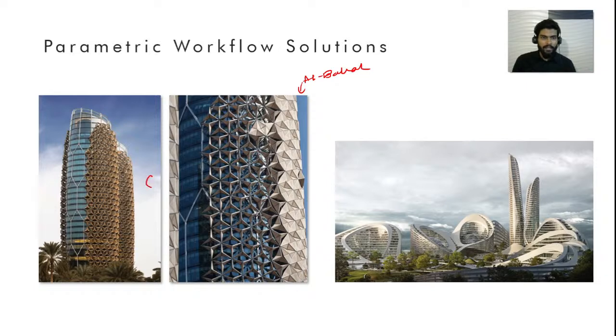So what they did is they designed this building parametrically, and they simulated sun and other sort of parameters that told them that this face here and the rear face will receive the maximum amount of radiation.